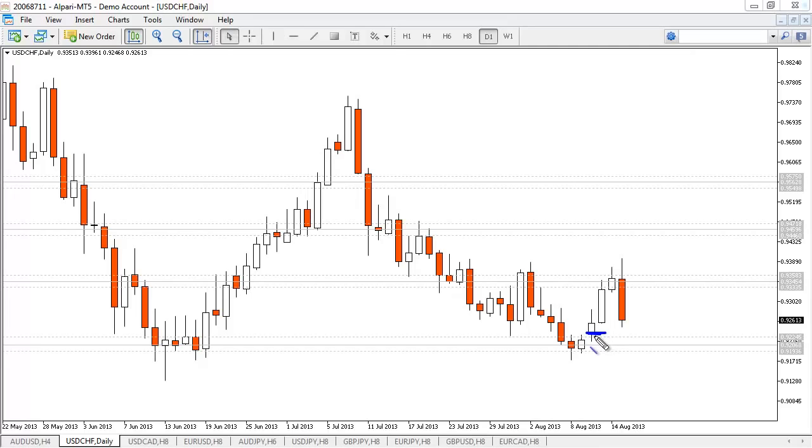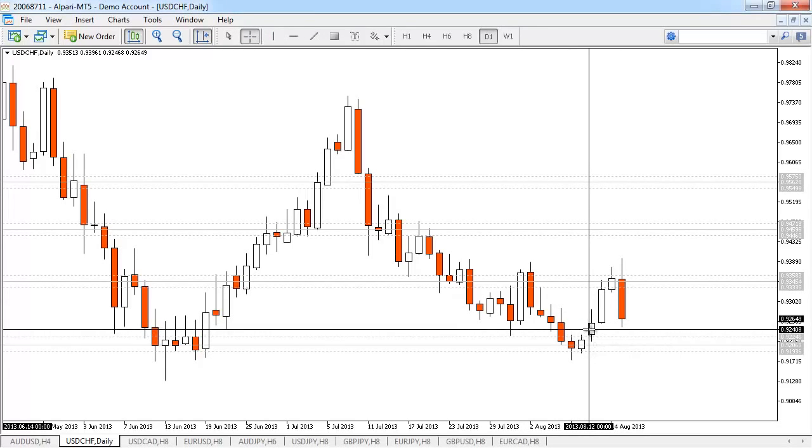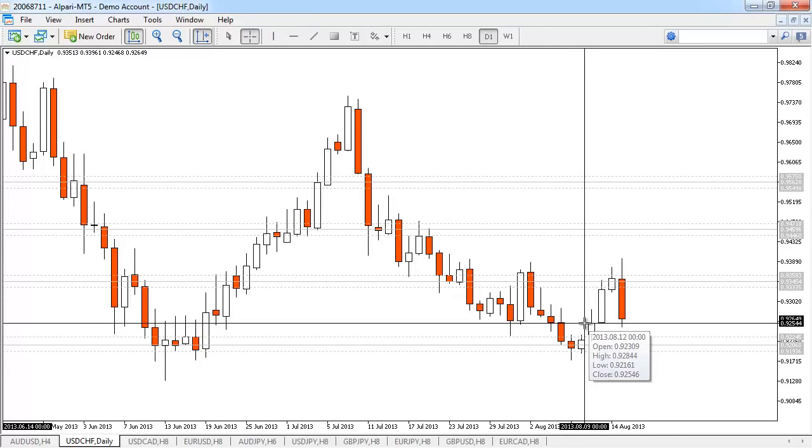So with this trade, this is how, not everyone, by the way, in the advanced course traded it in this way, but this is how I would have handled this trade. And it would be to use a psychological level. Now, if you don't know what psychological levels are, they're rounded numbers.